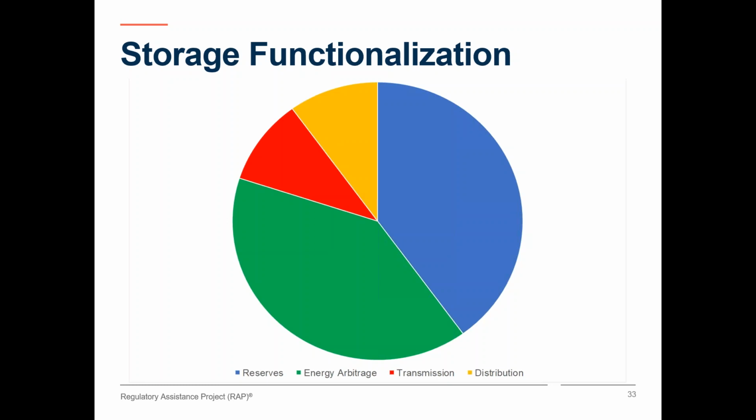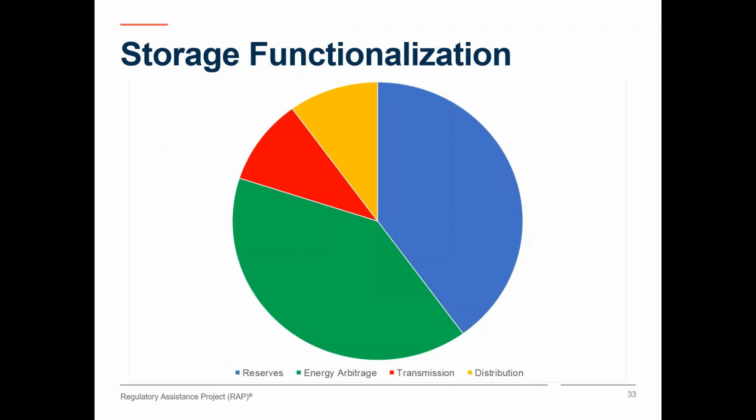There's one utility that's done a pretty good job of this, Green Mountain Power in Vermont, where the utility pays half of the cost of a battery bank, and the customer pays half, and the customer gets the reliability benefits. In a power outage, there's a battery full of power that can serve the house, but the utility takes the utility side benefits.